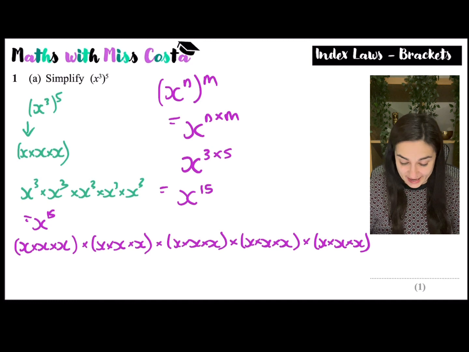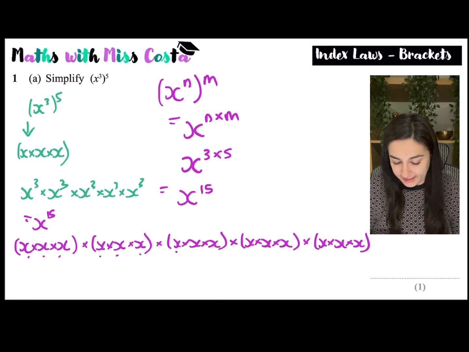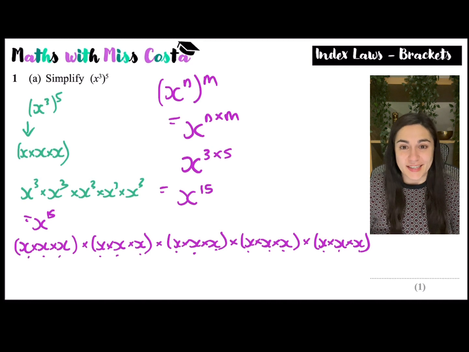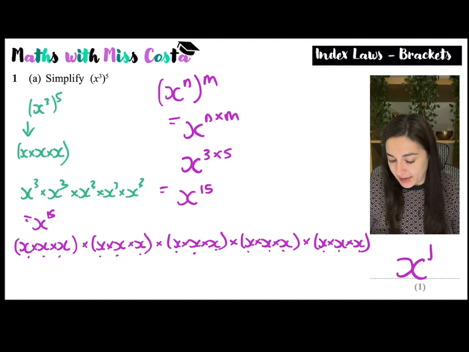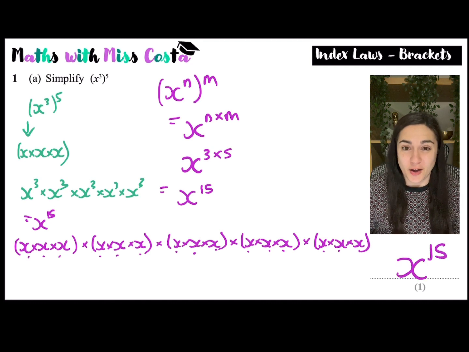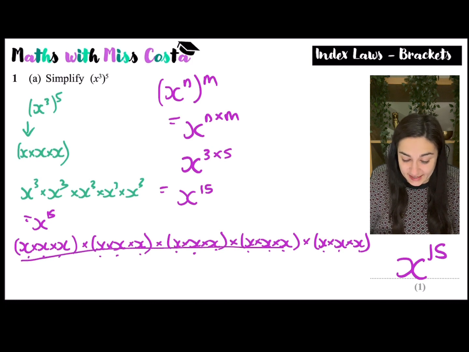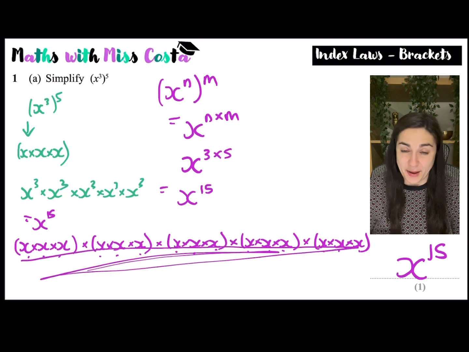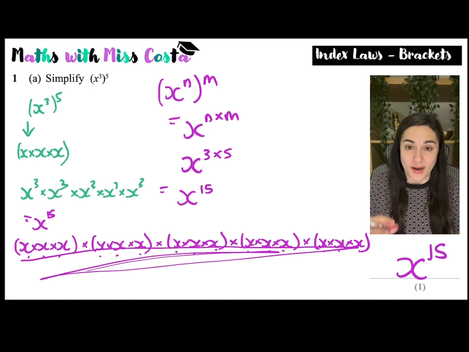You see why x is written to the power of 15, because it's being multiplied by itself 1, 2, 3, 4, 5, 6, 7, 8, 9, 10, 11, 12, 13, 14, 15 times. So when we are multiplying powers, it's just a shortcut way of writing it. Instead of writing this long thing out, we write x to the power of 15.